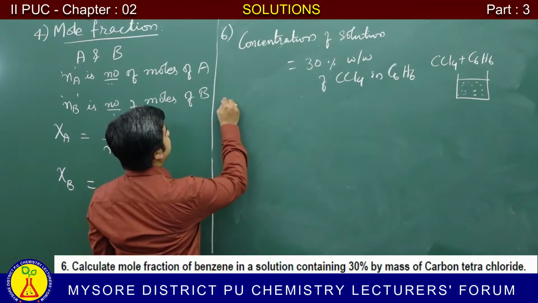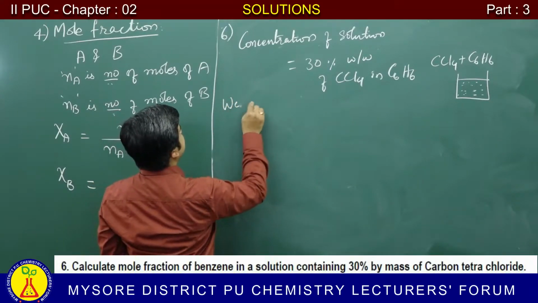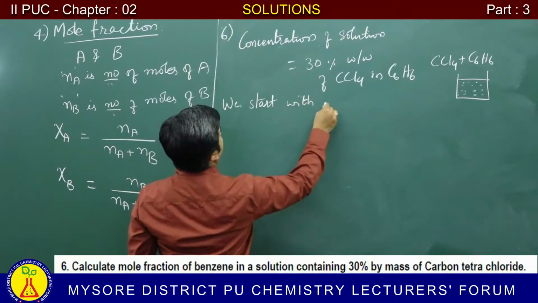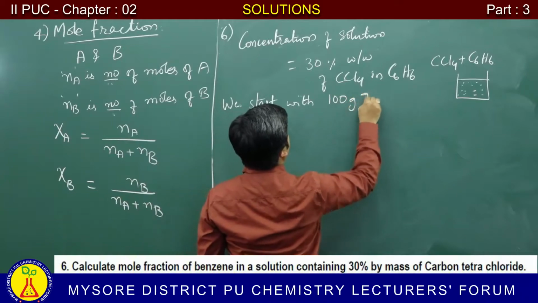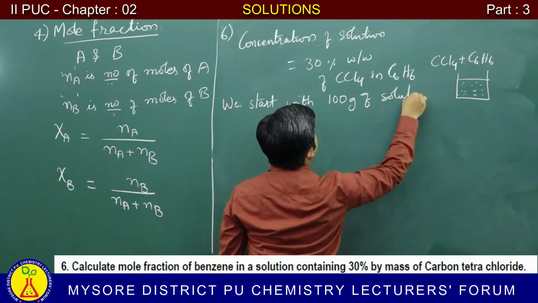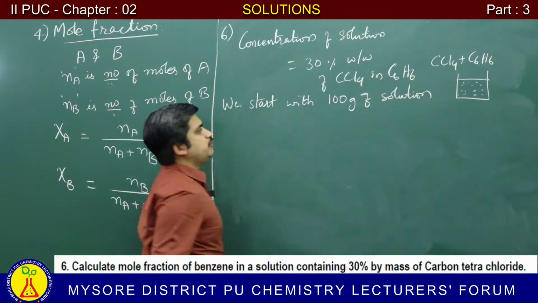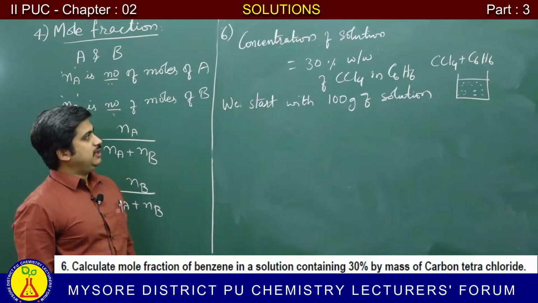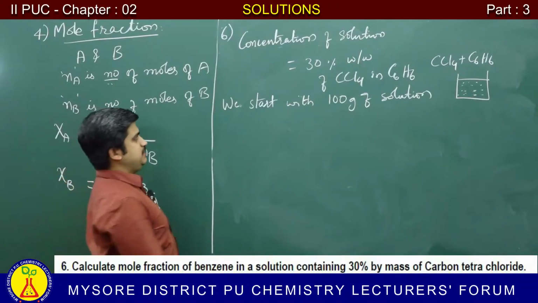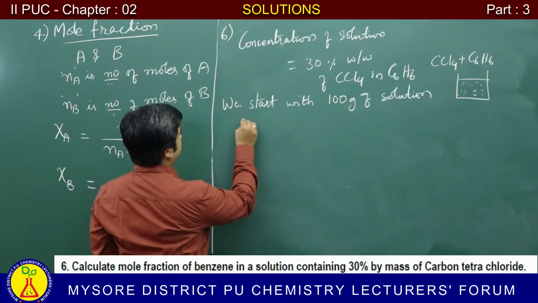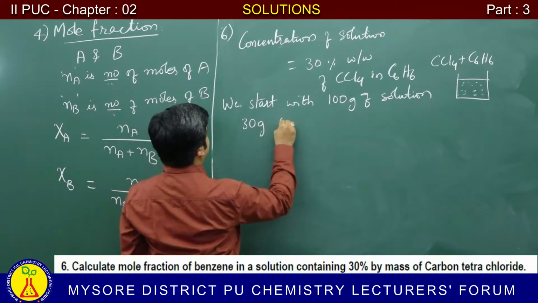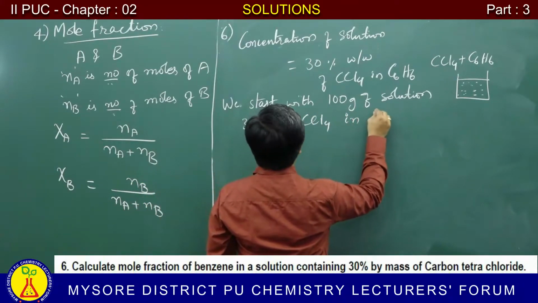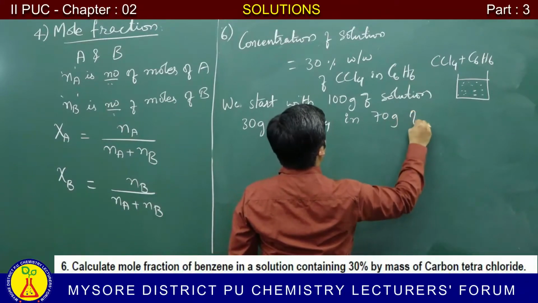Suppose we start with 100 grams of solution. Then what does this mean? This means 100 grams of the solution contains 30 grams of carbon tetrachloride in 70 grams of benzene.